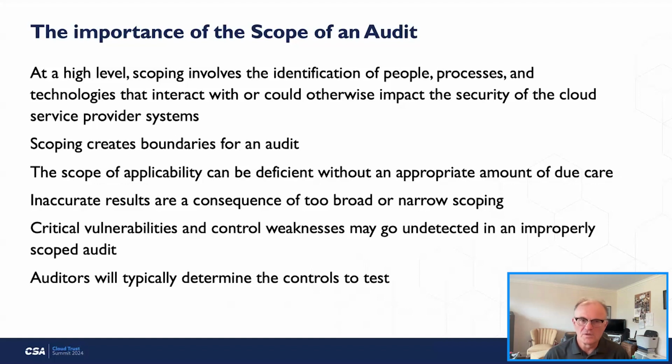What's really important is that we have the right amount of due care, and that there's an understanding between the auditor and the target of that audit of what we are trying to accomplish, making sure we really understand the systems and the usage of them so that the scope of applicability is not deficient. We don't want it too broad, we don't want it too narrow, we want it just right to make sure that we get the correct results.